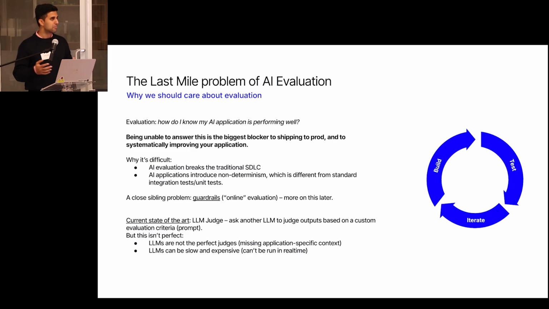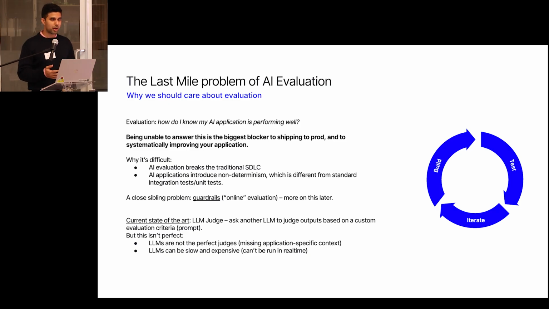And because LLMs and Gen AI development is pretty new, we're still developing new techniques and workflows for making that possible. And the current state of the art is you ask another LLM to judge the responses of your AI application, and that's called LLM as a judge. I'm sure folks who are building AI applications have already encountered that or are trying that out.